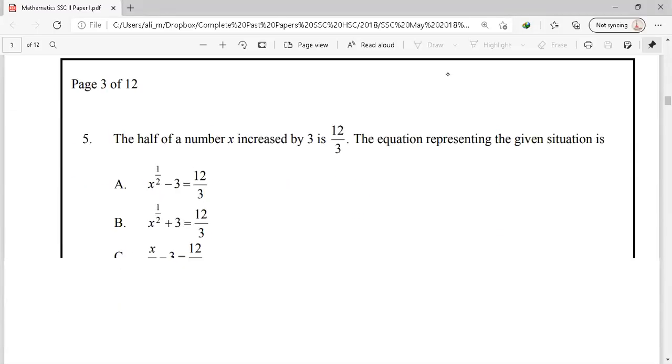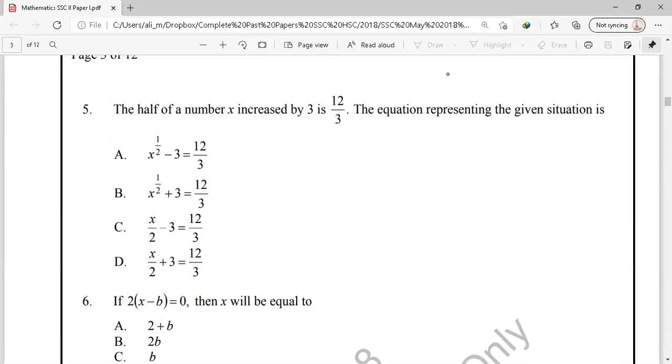Let's see question number 5. And in this question, we have a word problem or a descriptive form of an algebraic expression. So the question states that half of a number x. So let us assume that a number is x and half of that number would be x over 2.